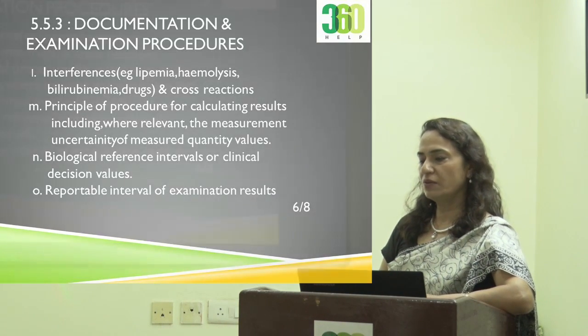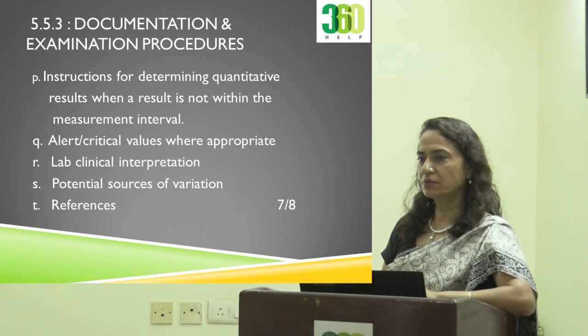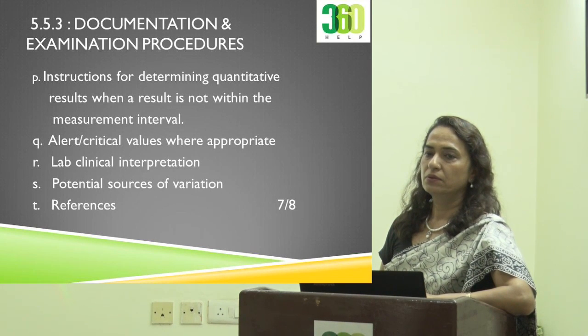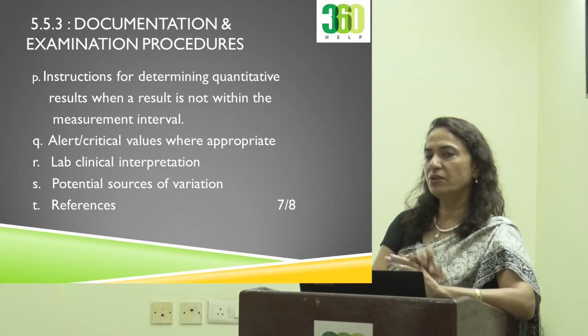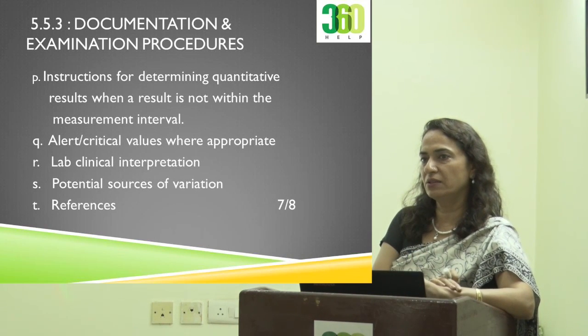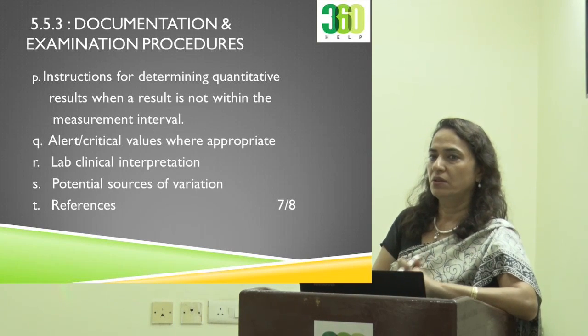What is the meaning of reportable interval? It's the reportable range, or you can say linearity. How much your reagent and your machine can give as maximum value and the minimum value. So the linearity of your test.